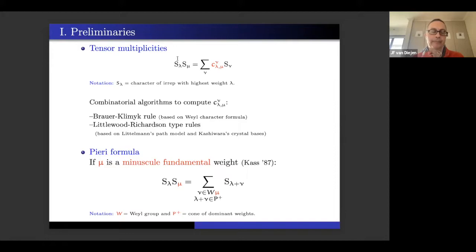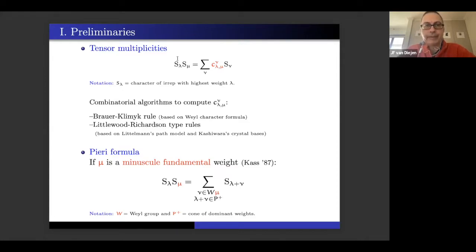If you have a Lie algebra or a Lie group, and you take tensor products and you want to decompose the tensor product of irreducible representations in irreducibles again. Very classical problem. And so that's why I thought I couldn't do anything. And it's very well known that you can do all these computations actually in the character ring.